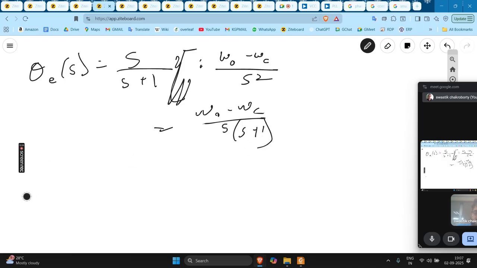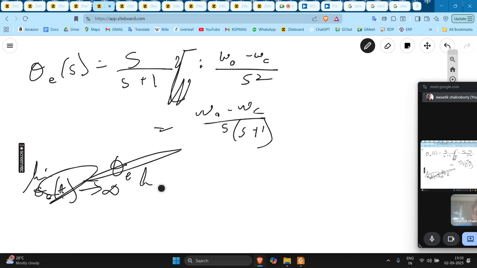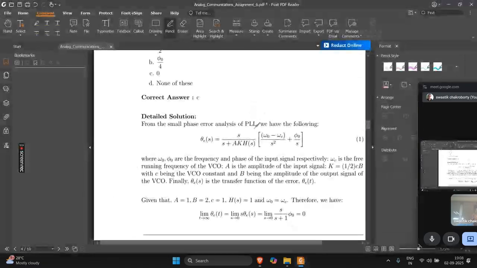Now limit t tends to infinity, theta e(t) is limit s tends to 0.